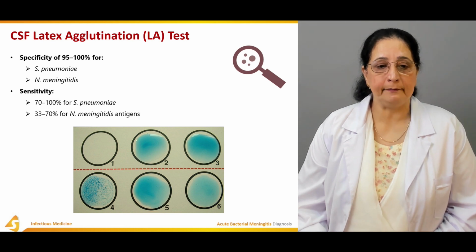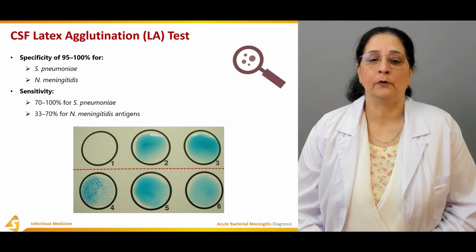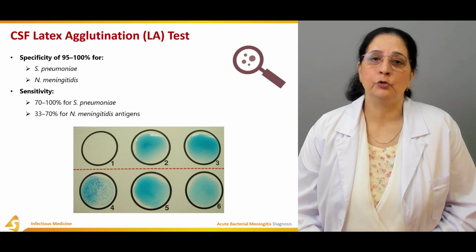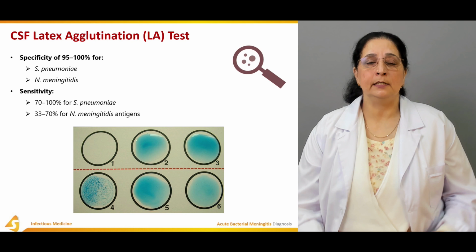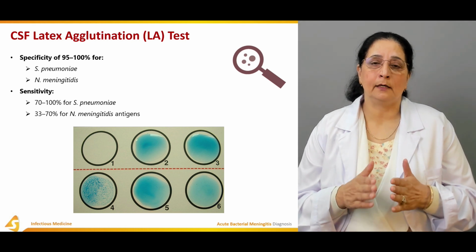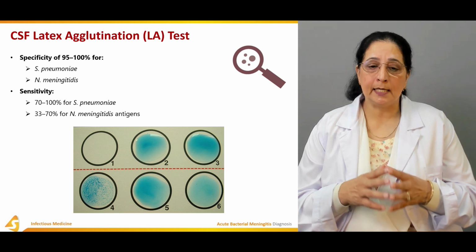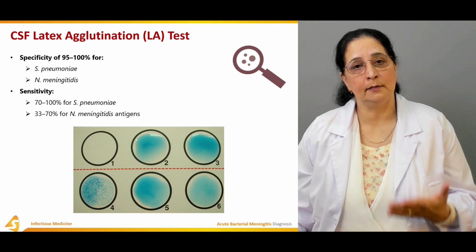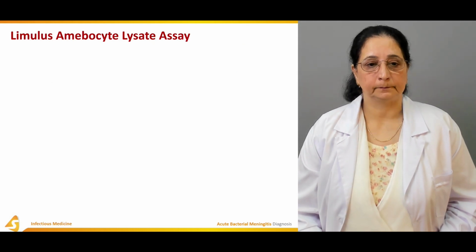The sensitivity, how sensitive it is, is 70 to 100% for Streptococcus pneumoniae and 33 to 70% for Neisseria meningitidis. So all these are the different tests which are helpful in the diagnosis. The CSF latex agglutination test is very effective for Neisseria and Streptococcus pneumoniae.